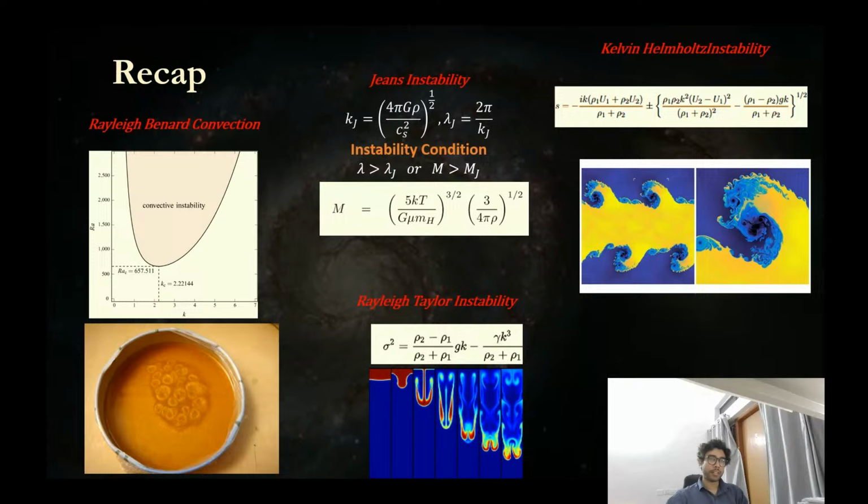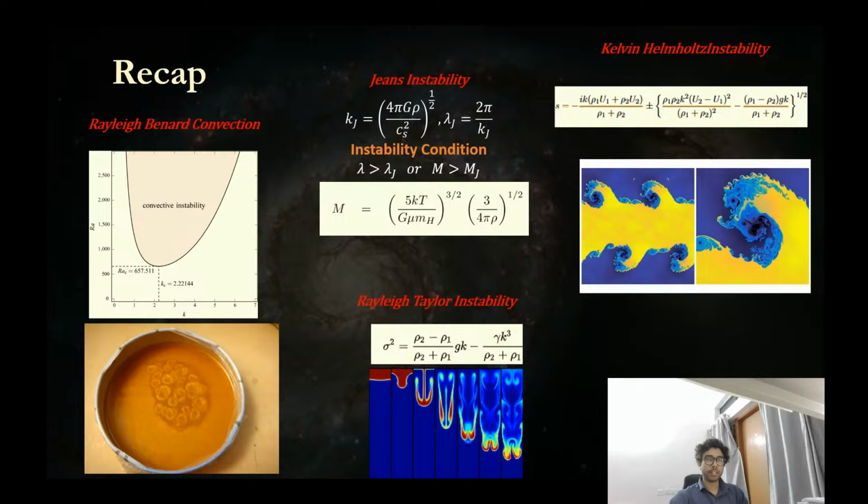occurs due to the fact that you have a bubble inside a fluid, and that bubble has a different density than the surrounding. If it has a lower density, it will rise up.